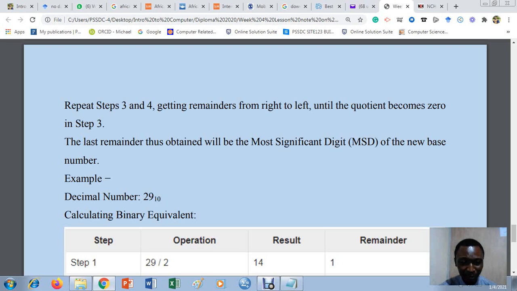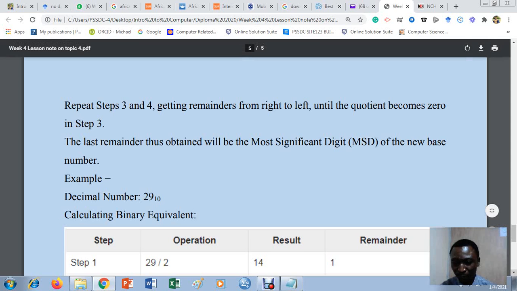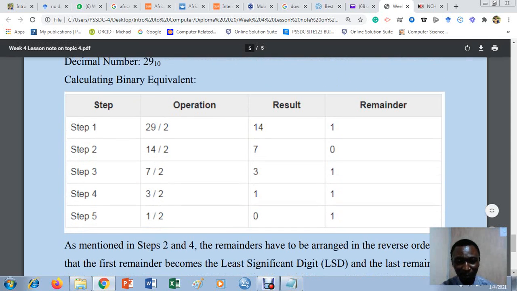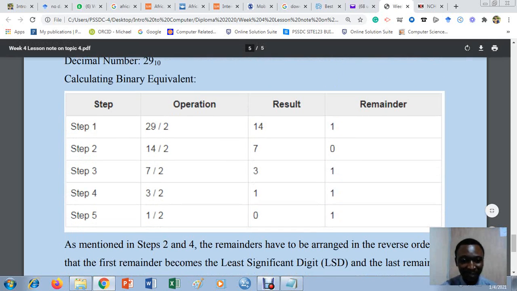Example, we are going to be looking at this decimal number 29, which is in base 10. We are going to convert it to binary. It's very simple. Let's take a look first before we do the practical. Step 1, we are converting it to binary.